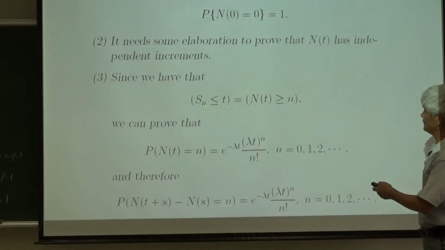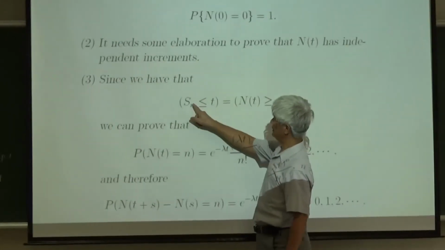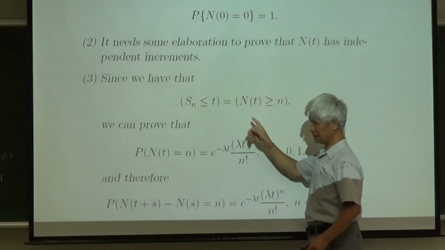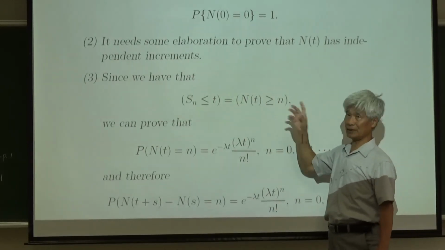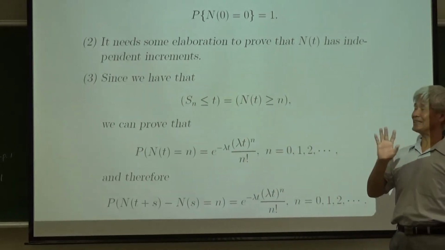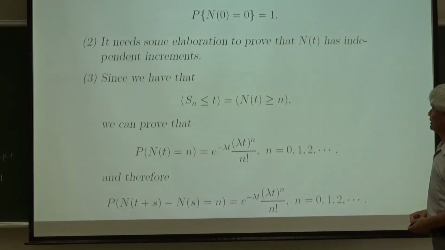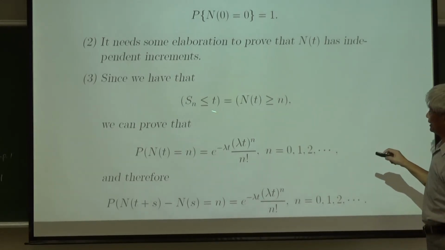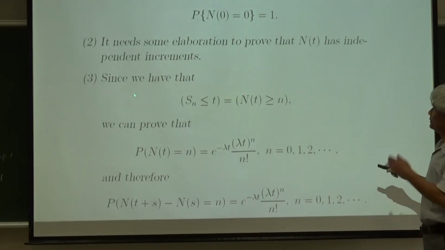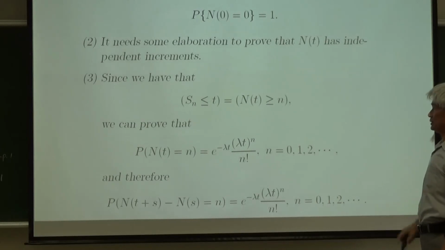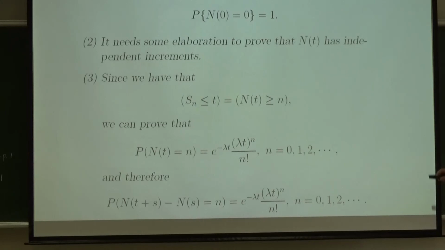Because the nth arrival time is less than t, that means that in the time interval from 0 to t, we have at least n arrivals. From this, we can prove that the random variable N(t) has some distribution.